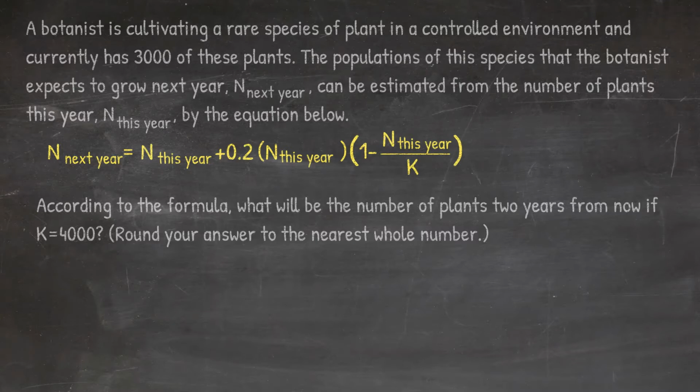We're given that this year's number is 3,000. And let's see if we can replace n for this year with this number. And what we get is that n next year would equal 3,000 plus 0.2 times 3,000 times, in the parenthesis, 1 minus 3,000 over k.